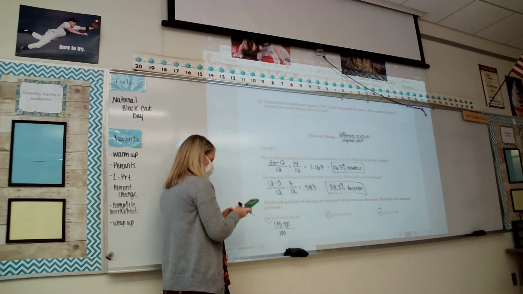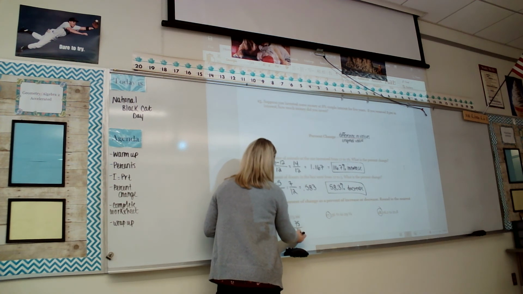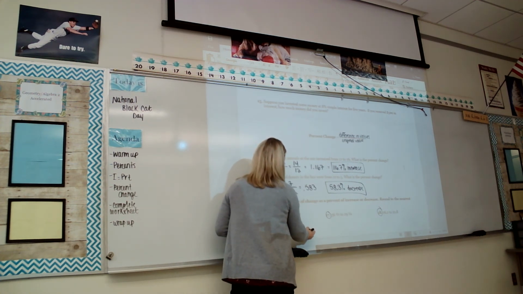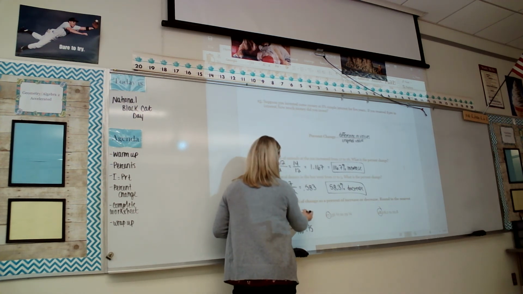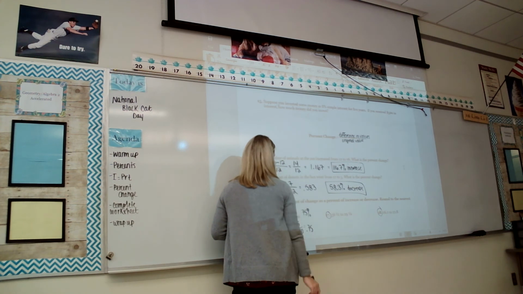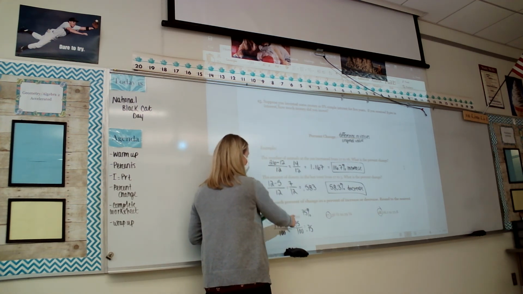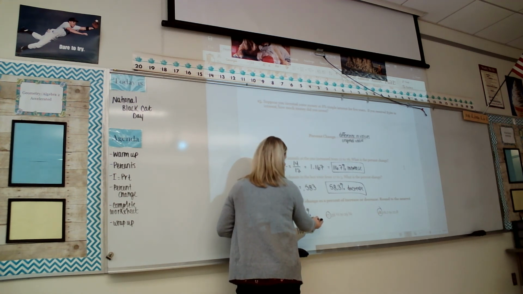So I do 175 minus 100, which is 75. And 75 divided by 100 is just 0.75. Then I convert that to a percentage. That would be 75%. I went from 100 to 175, so that is an increase.